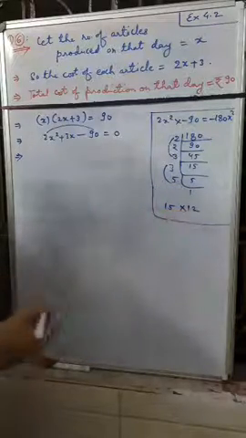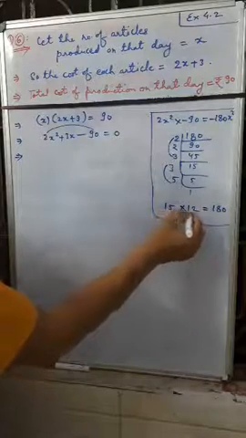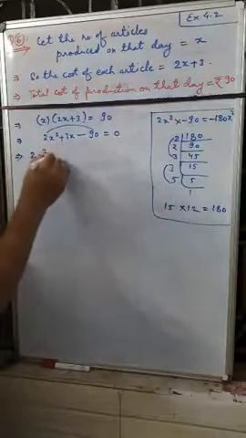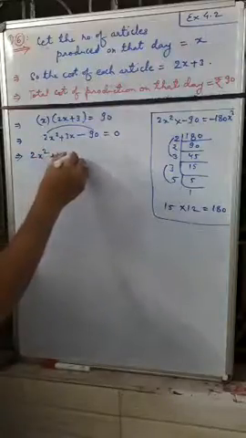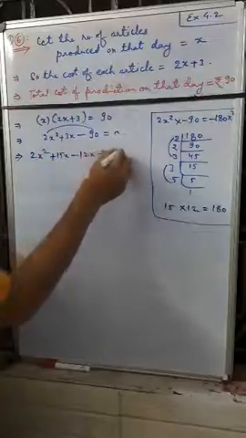So 12 into 15 will become 180, and here 15 minus 12 becomes 3. So now we can solve 2x square plus 15x minus 12x minus 90 is equal to 0.